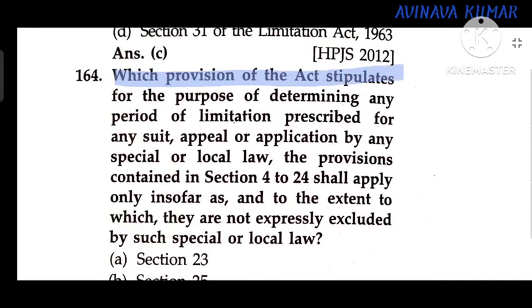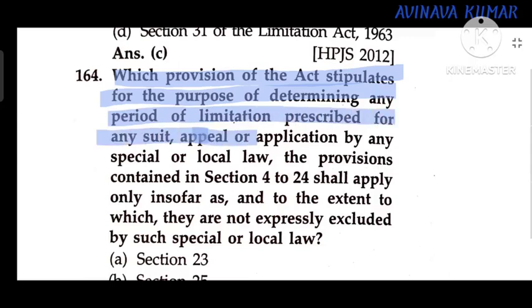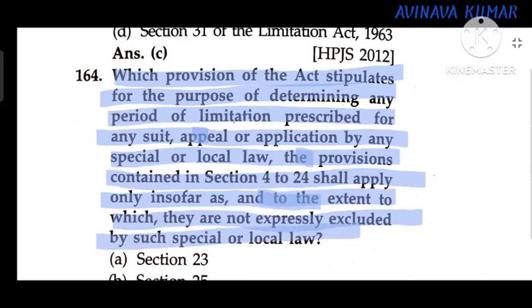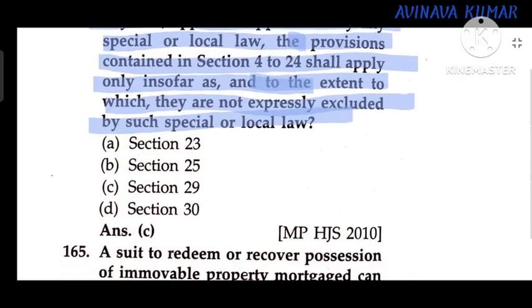This provision is stipulated for the purpose of determining any period of limitation prescribed for any suit, appeal, or application by any special or local law. The provisions contained in Sections 4 to 24 shall apply only insofar as they are not expressly excluded by such special or local law.